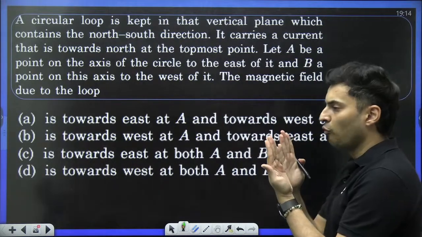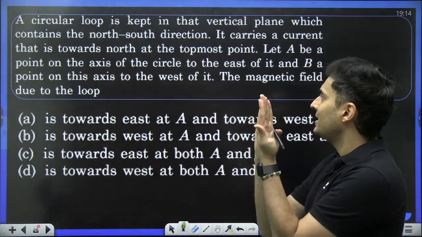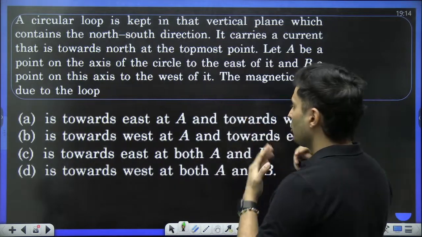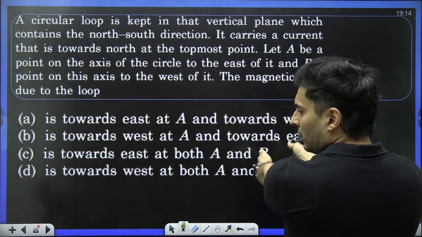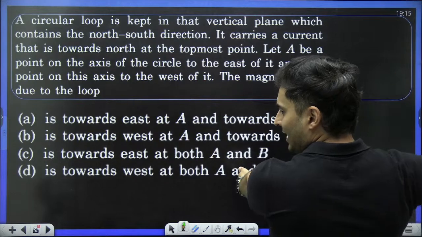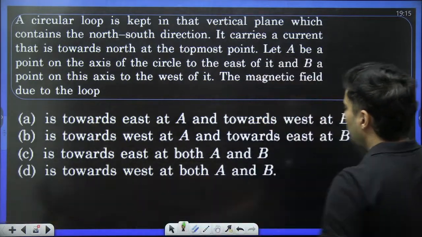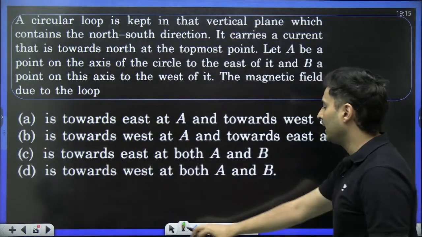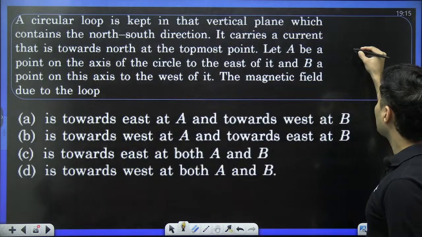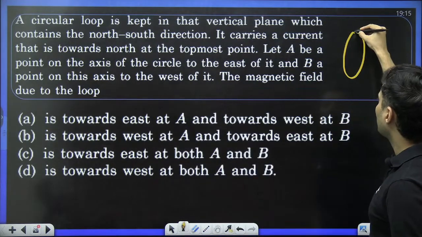Circular loop is kept in a vertical plane such that it contains north and south. So imagine whatever is front of you is north, whatever is behind you is south, right side is east, left side is west. Just imagine it like that. That will be easier. So this is your coil.